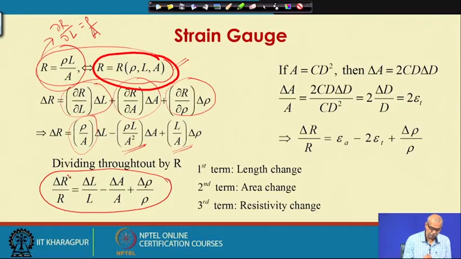So, the fractional change in resistance is equal to fractional change in length, fractional change in cross sectional area plus fractional change in resistivity of the material.